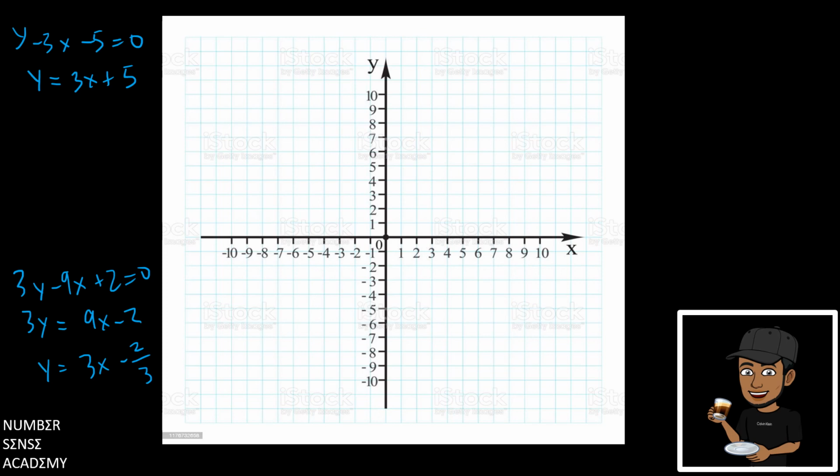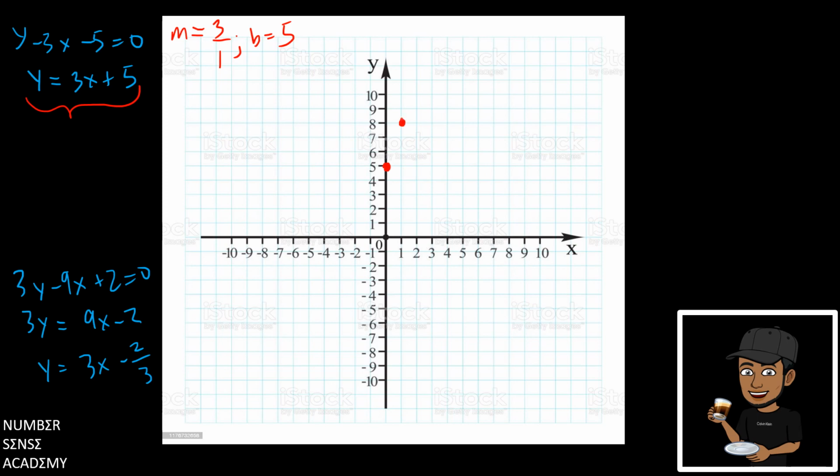Okay, so this one's going to be a little bit tricky to graph just because of this 2 over 3, but we'll figure it out. Let's do this one first. With 3x, we have m is equal to 3 over 1, and b is equal to 5. Then we're going to rise 3 over 1.